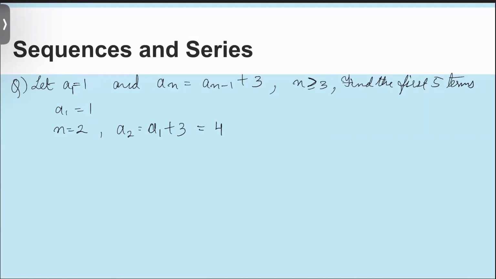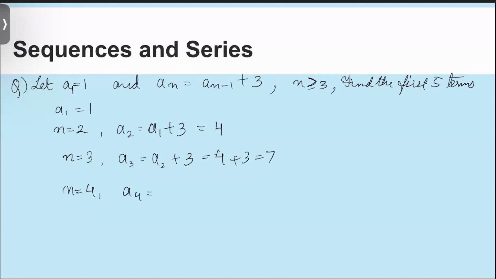Then for n equal to 3, the third term a3 is equal to a n minus 1, so 3 minus 1, that's 2. So a2 plus 3, that is 4 plus 3 equal to 7. Then n is equal to 4.